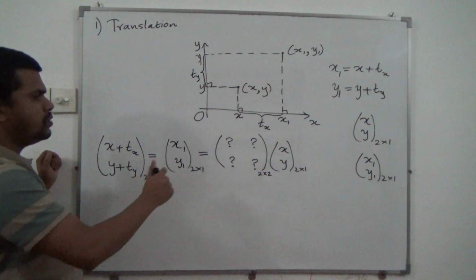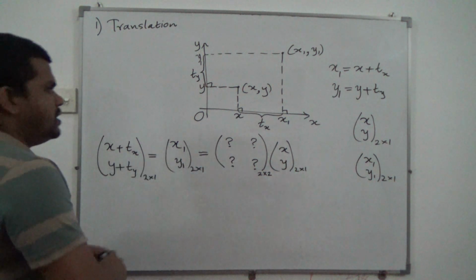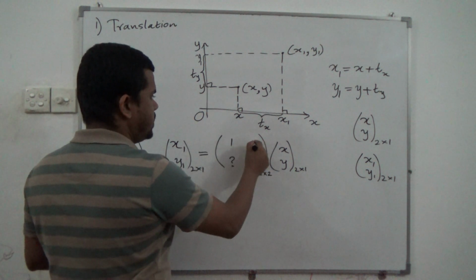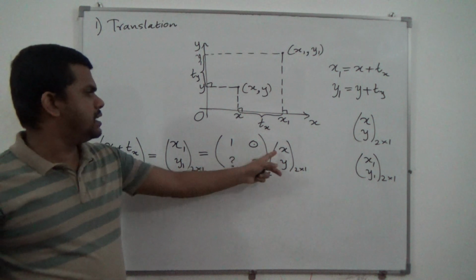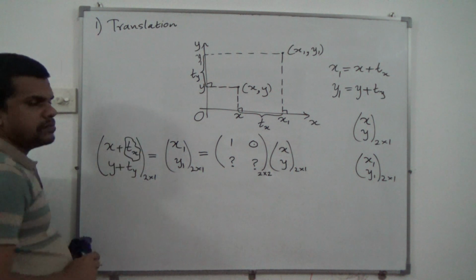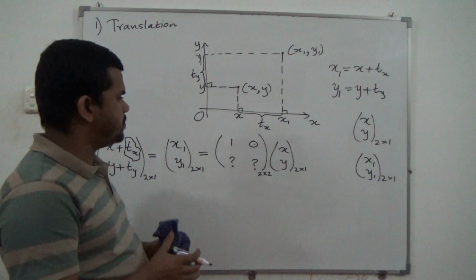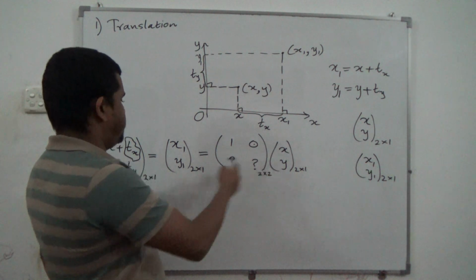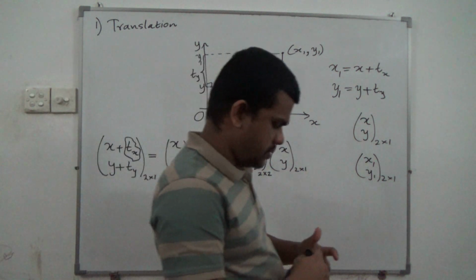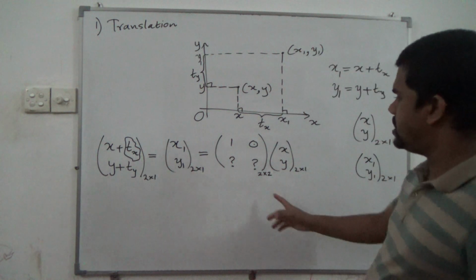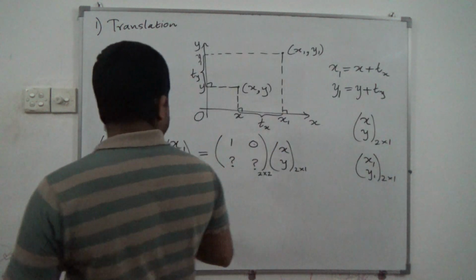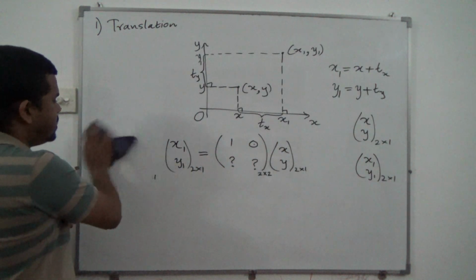But you cannot do that. If you put 1, 0 here, you can get x. But how can you get this term? You cannot get this term. Therefore, this transformation we cannot do in this way. Using a 2 cross 2 matrix, you cannot do this. Therefore, we need to find another way.